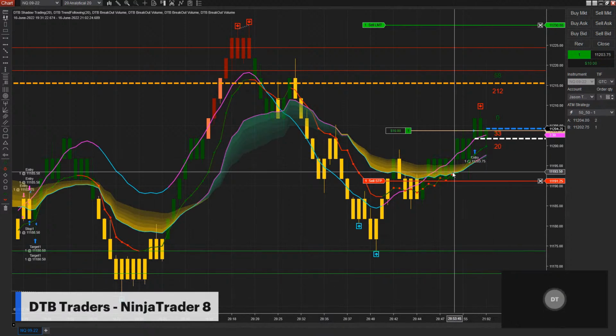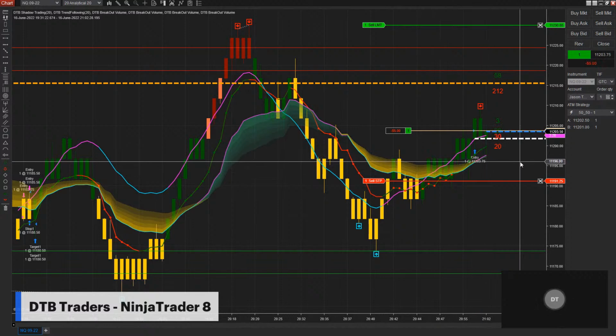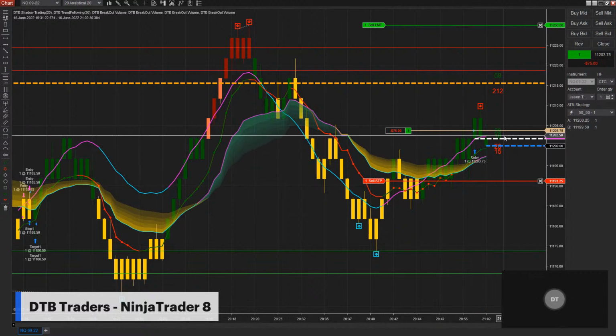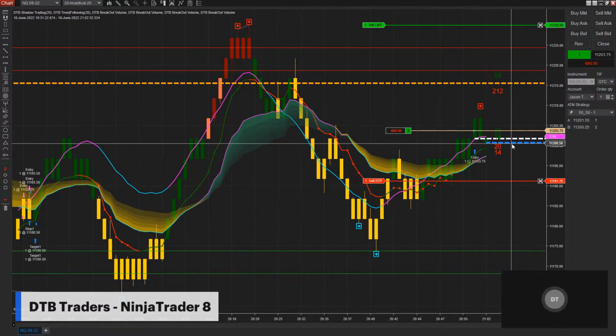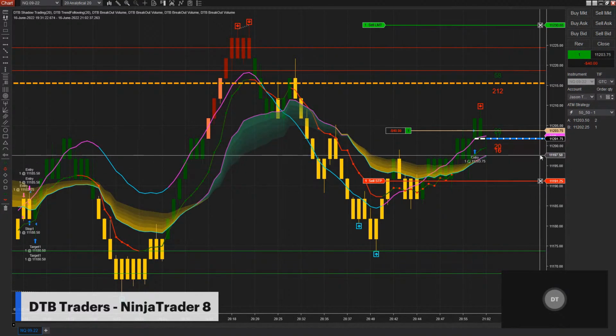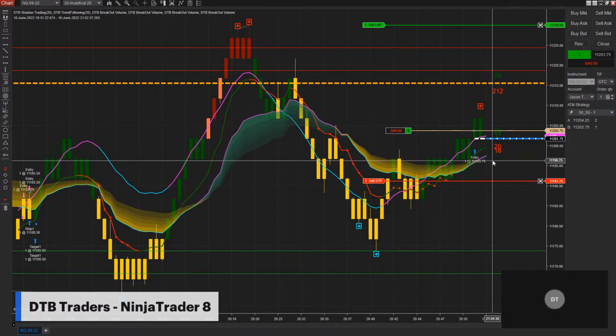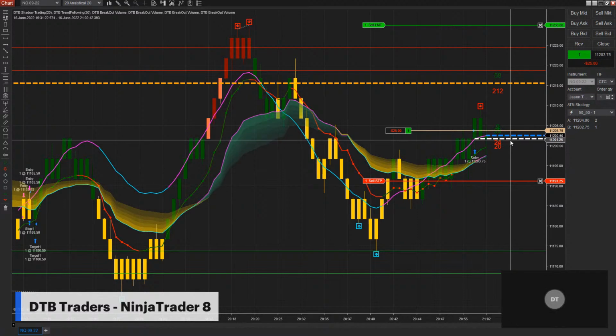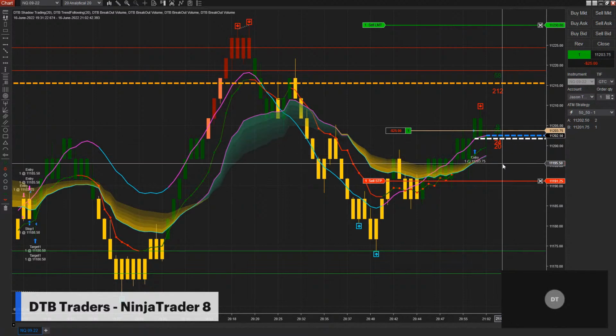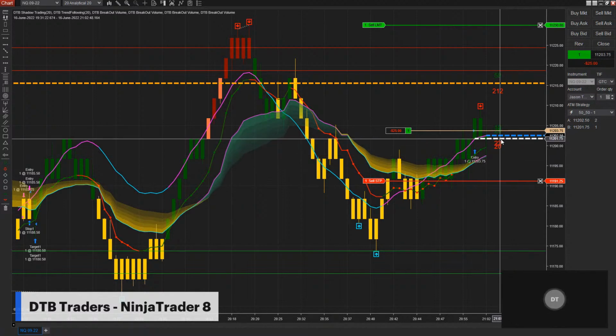Now, notice too how the crimson marker has gone out of play, and it is now trailing the price with the blue marker. So that red marker is invalid. So you can choose right now to either exit your position or wait and see what happens with the new marker that's in place. So it's very real time and updated tick by tick.